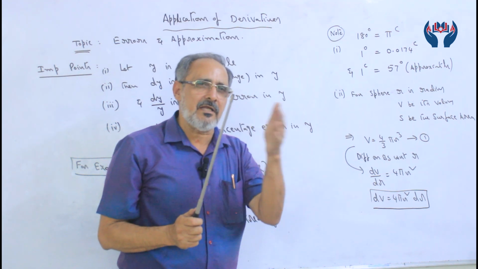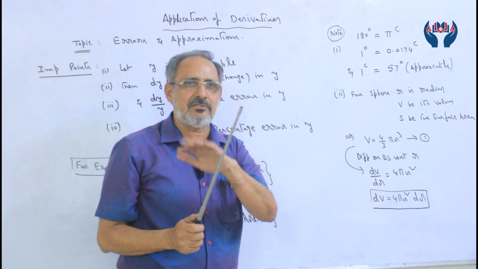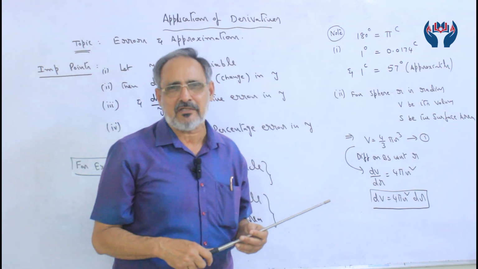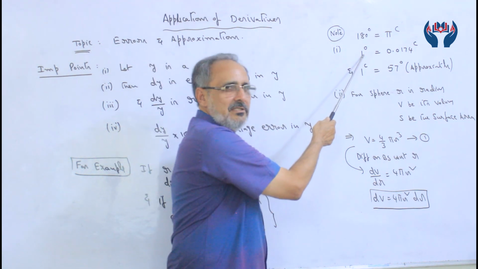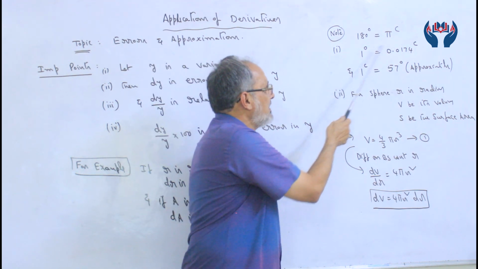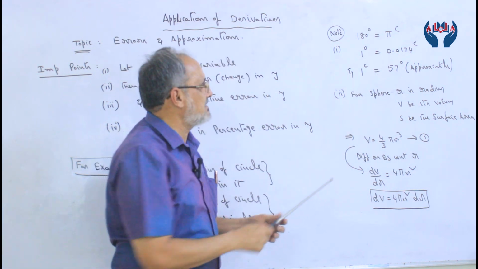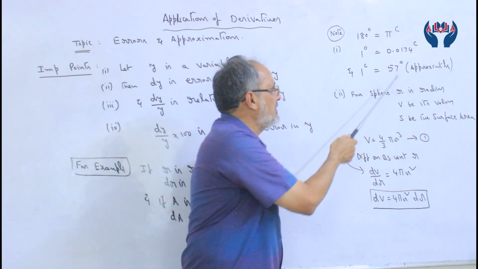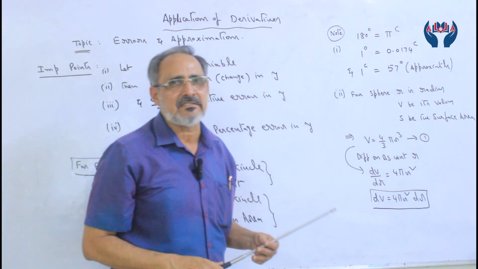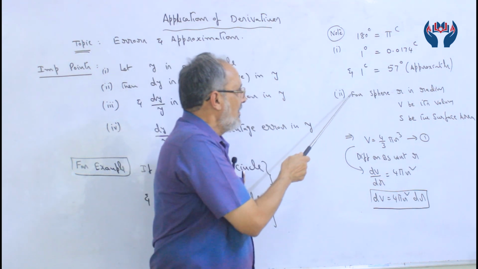If some part is in radians and some part in degrees, you have to change everything into one common unit. So you have to remember: 1 degree equals 0.0174 radians and 1 radian equals approximately 57 degrees.